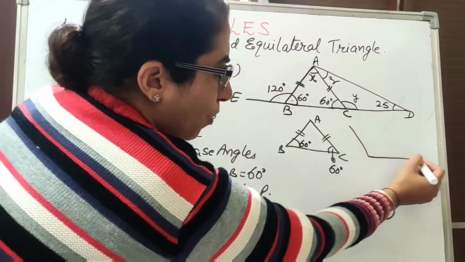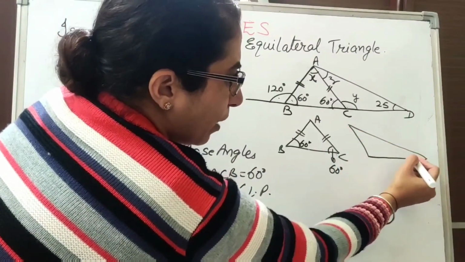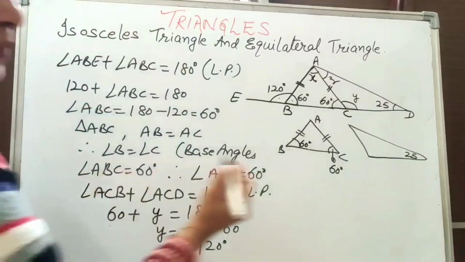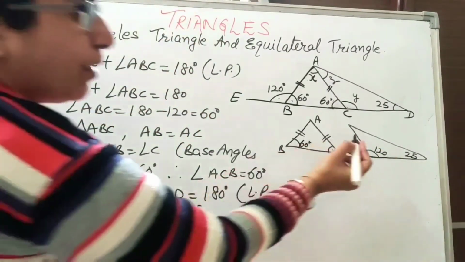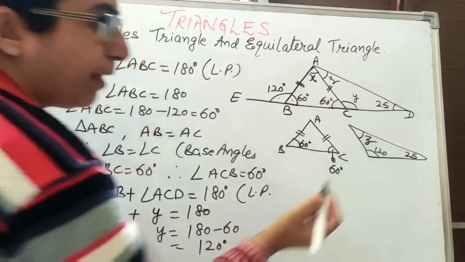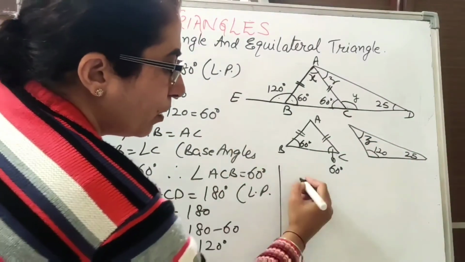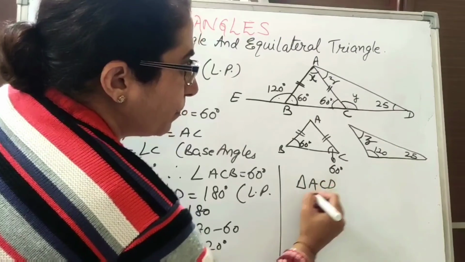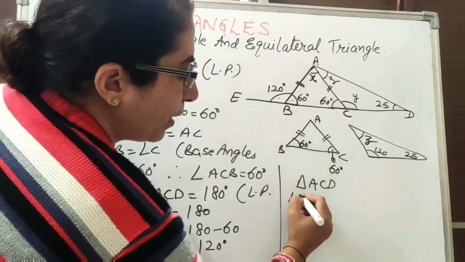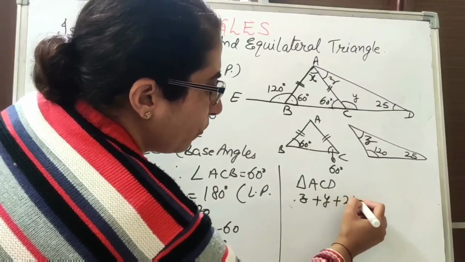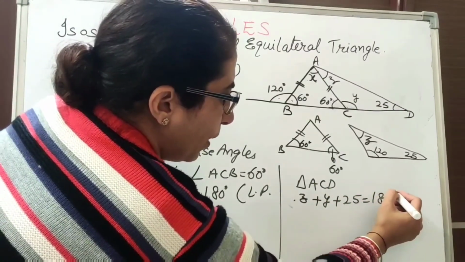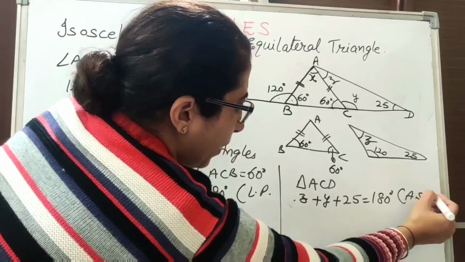So if I take out this triangle, in this triangle this angle is 25 and this Y is 120, which we have already found, and now we are left with this angle Z. So in triangle ACD, angle Z plus angle Y plus 25 is equal to 180 degrees, again the angle sum property.